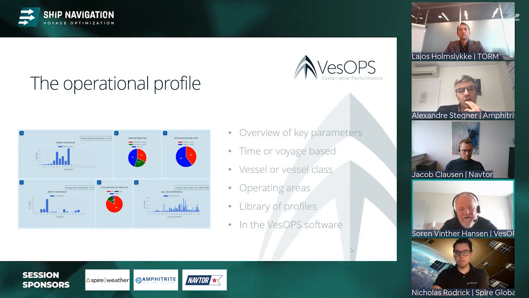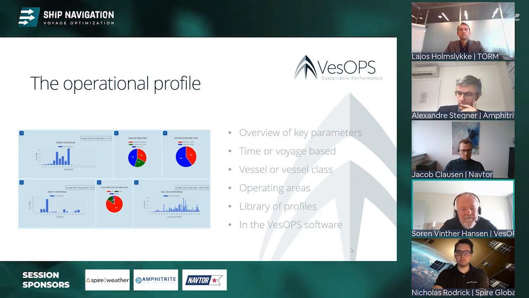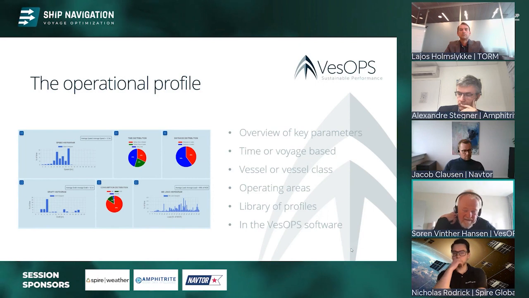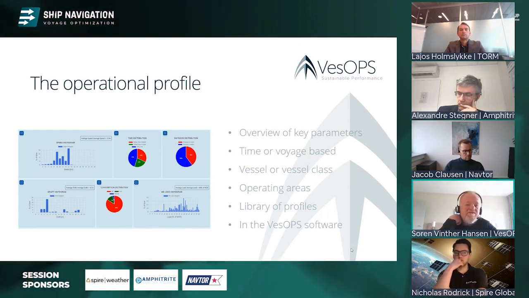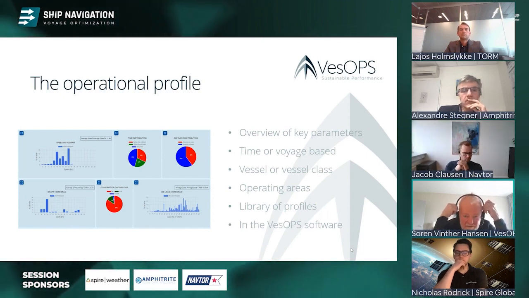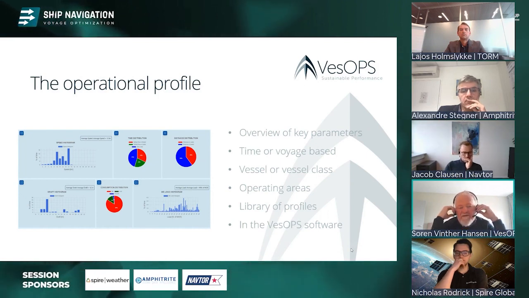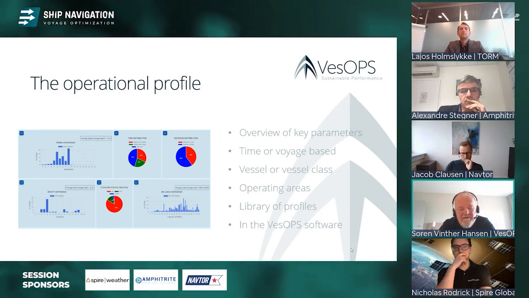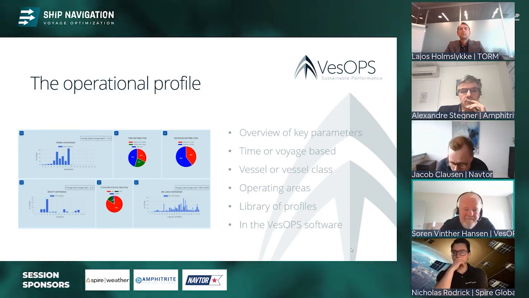And then we can do other historic profiles, look at the effect on the CII, and say, okay, it seems like on this route, this profile is the most suitable for us, and then go with that profile. Of course, if you can go with that profile, because if you're in some sort of restrictions with a charter or something like that, then of course you have to discuss that with the charterer.